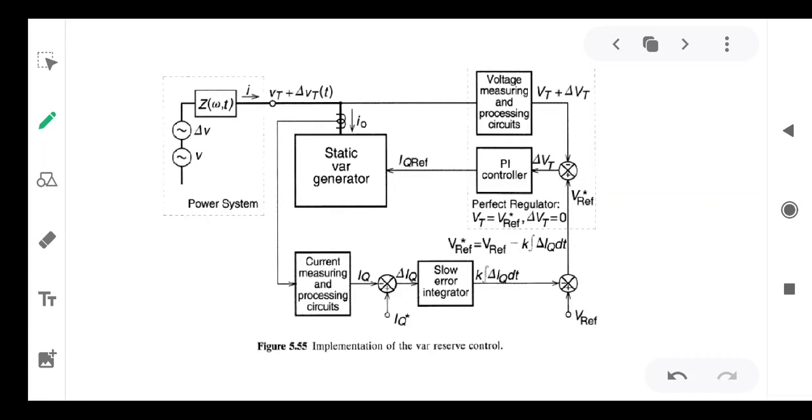In the VAR reserve control, the power system will have V and delta V, and Z is the impedance. The power system omega is a function of omega and T, and you will get the Vt plus delta Vt here. Then the voltage measuring and processing unit gives you the Vt, the exact voltage of the system, Vt plus delta Vt, and here V reference is there.